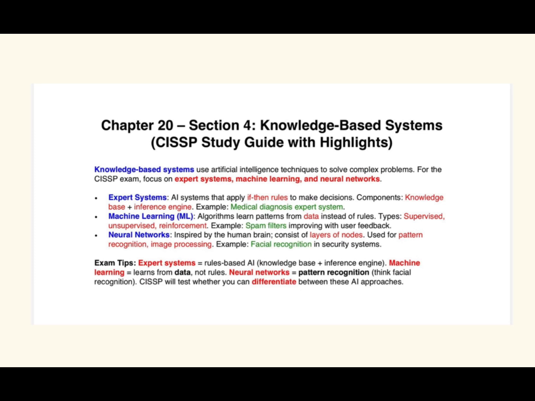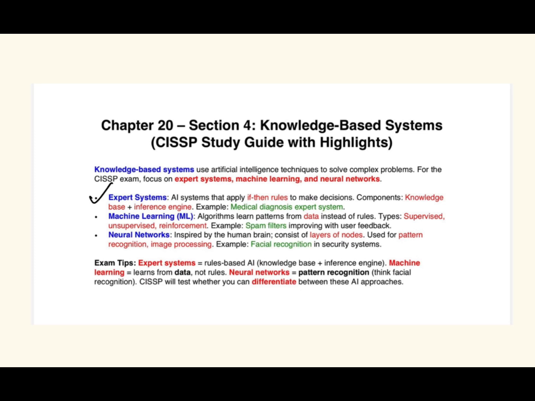For the CISSP exam, you need to know how to differentiate different important topics: expert systems, machine learning, and neural networks. We will discuss all of them one by one.